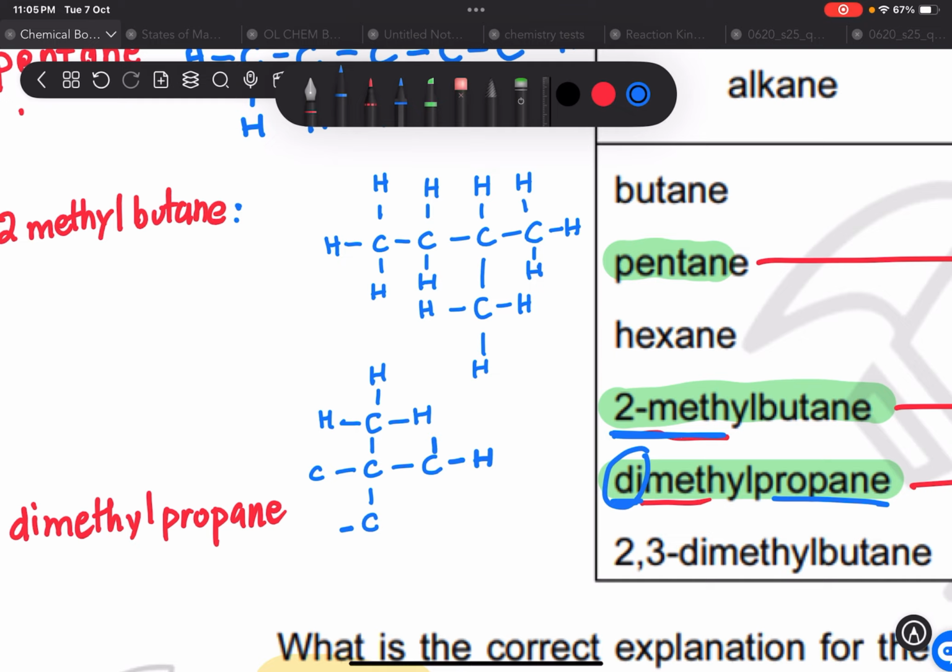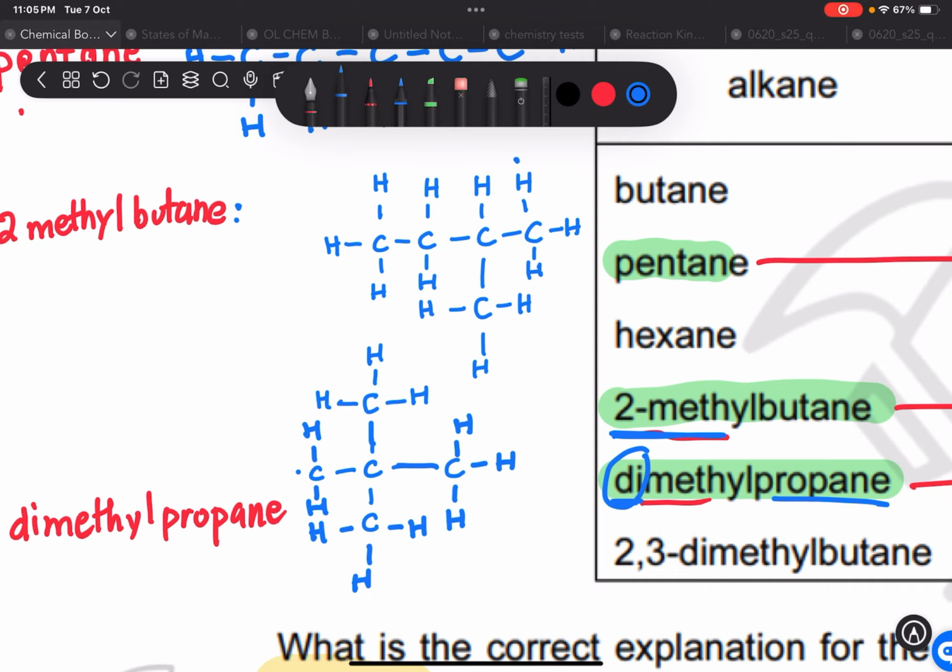We have to make it extremely carefully, because I need to explain to you guys each and everything here. Hydrogen, hydrogen, hydrogen, hydrogen, hydrogen. So this is dimethyl propane.